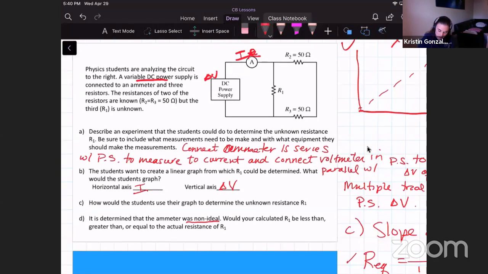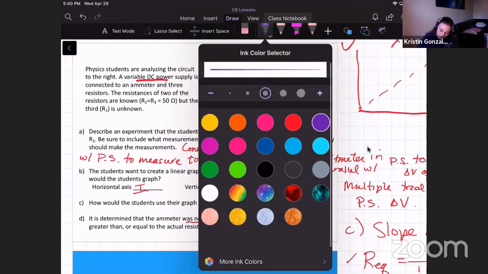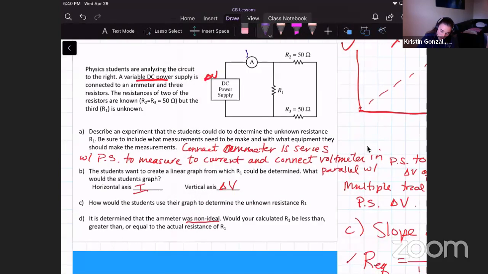What does that do to the total resistance of my circuit? Well, it's in series with the battery, so I have to add that in. That increases my total resistance, which takes away from what could have been the equivalent resistance of just this part.